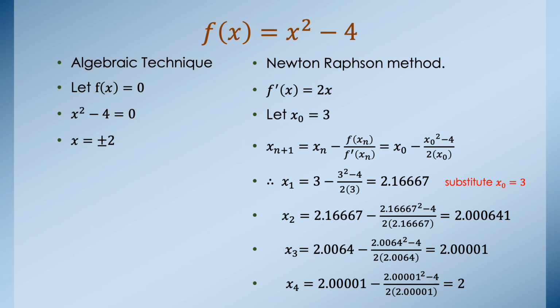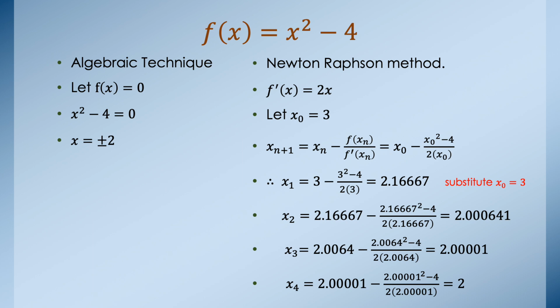Then we apply the Newton-Raphson formula, x n plus 1 equals x n minus f of x n over f prime of x n. When n equals 0, we have the initial value equal to 3. For the following calculation, we substitute x naught equal to 3 into the Newton-Raphson formula.